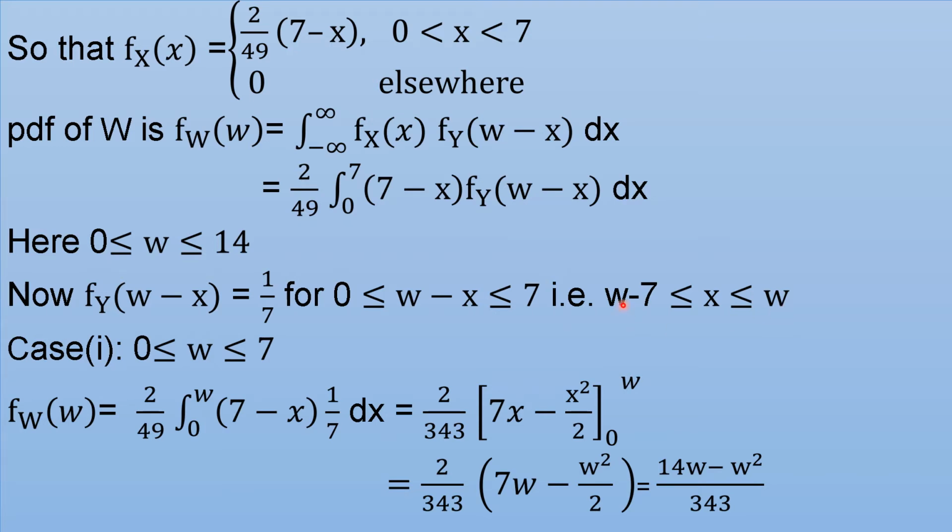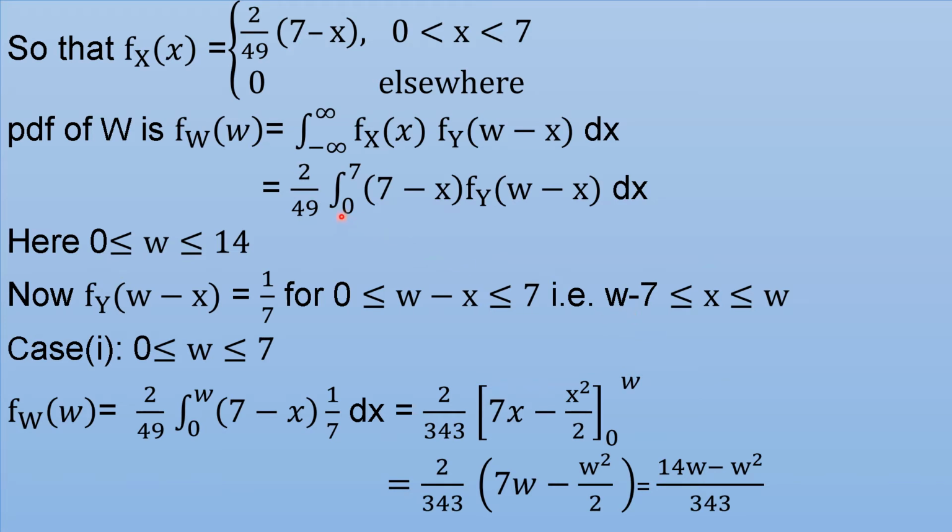So now if I take w as between 0 and 7, when w is 0, w minus 7 will be minus 7. When w is 7, w minus 7 will be 7 minus 7 or 0. So for this value of w between 0 and 7, w minus 7 will be between minus 7 and 0.